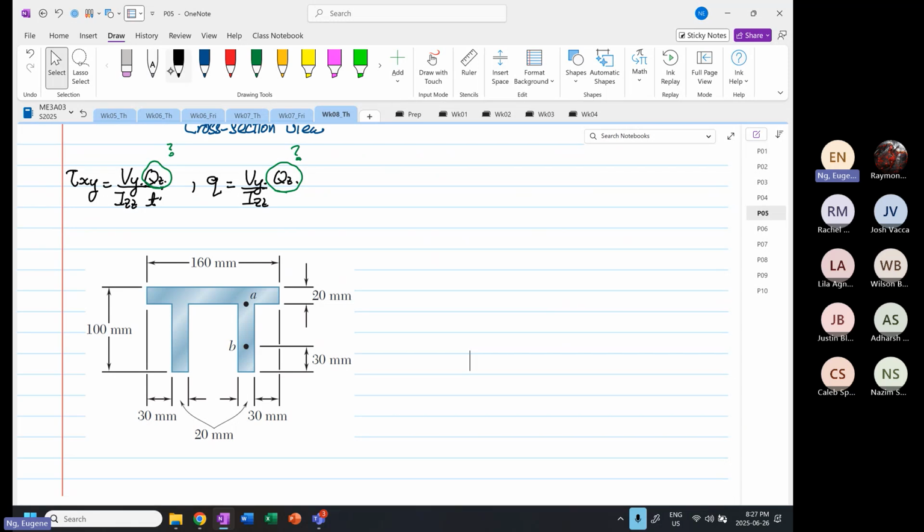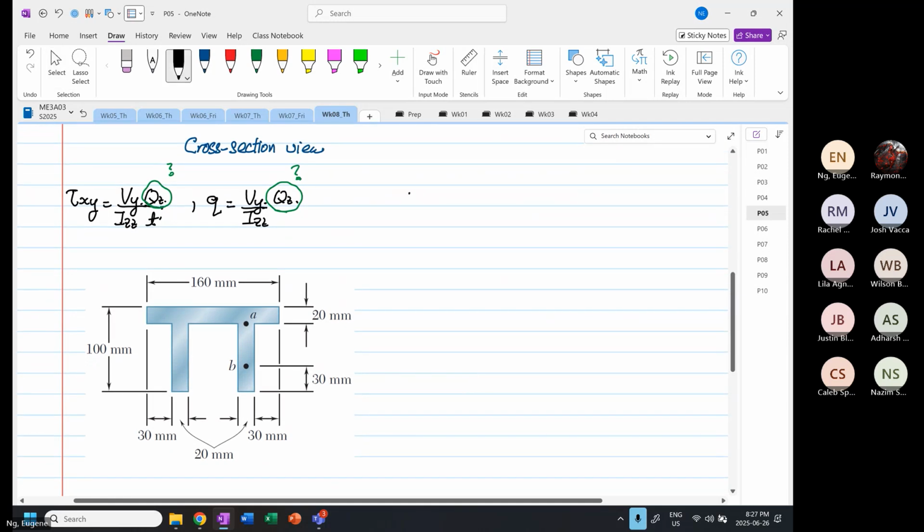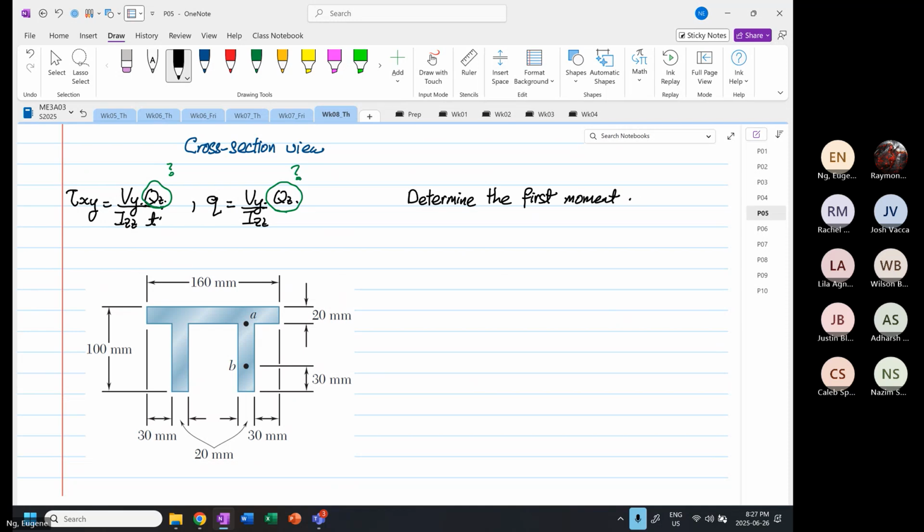So we are going to determine the first moment of area for points A and for point B. Before we start, let me draw our transformation first.